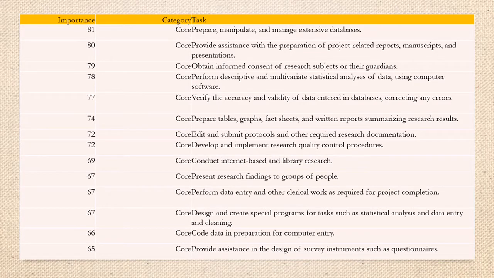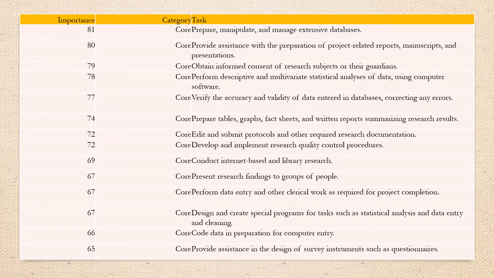Okay. So I've copied down just the top portion of some of these tables. For tasks, let's take a closer look. The first thing says prepare, manipulate, and manage extensive databases. Provide assistance with the preparation of project-related reports, manuscripts, and presentations.